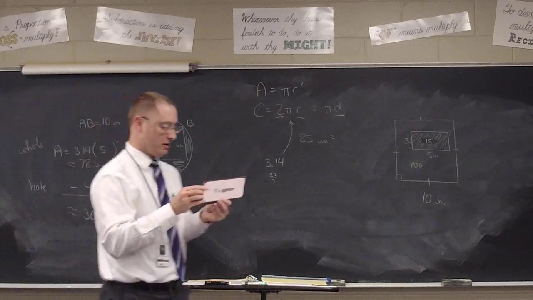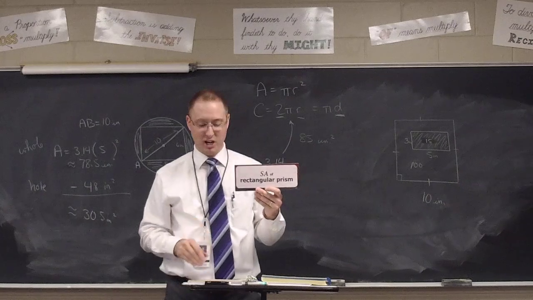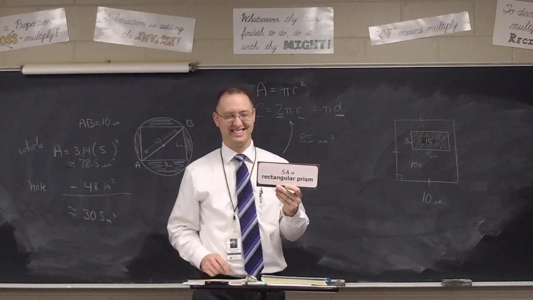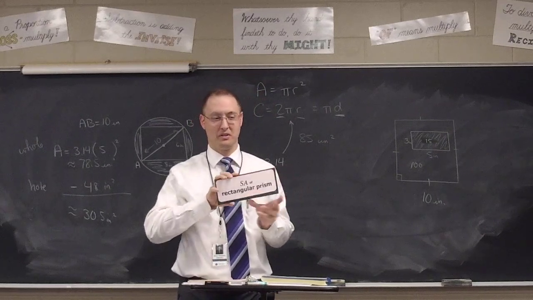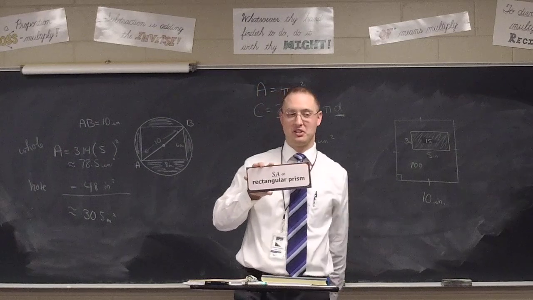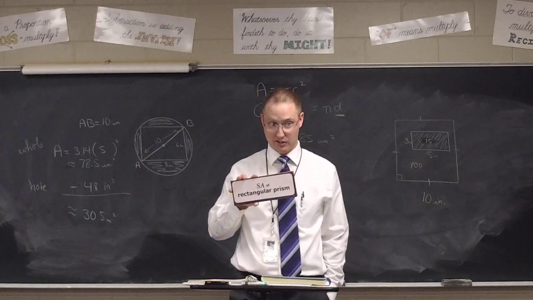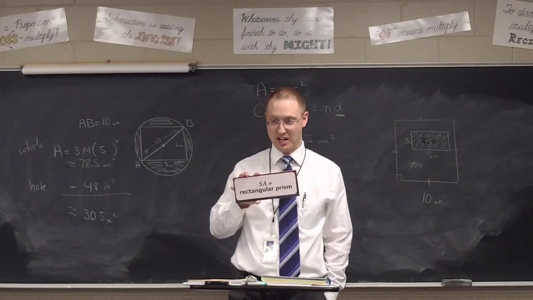Let's see if we can remember what the surface area of a rectangular prism would be, Lana. Was it the 2 pi? Wait, no. Picturing a rectangular prism helps. Picturing a box.